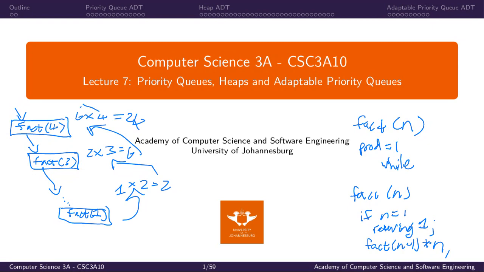And that's the final answer. Okay, we usually say something like that's the final answer, or that's what's returned to the calling function. Both of those are allowable. So this shows what the series of calls for this particular argument look like. So it helps us to understand what's going on.